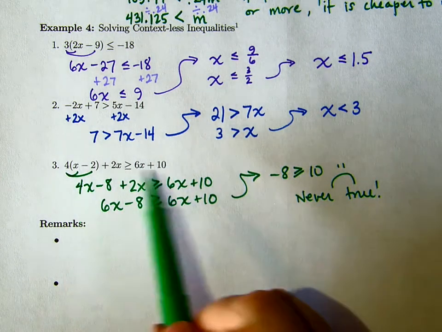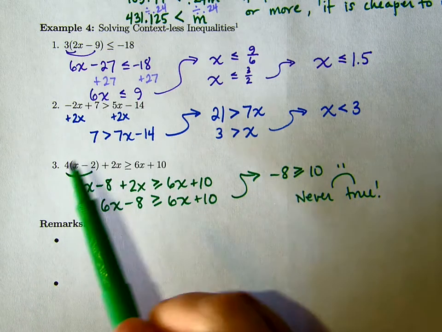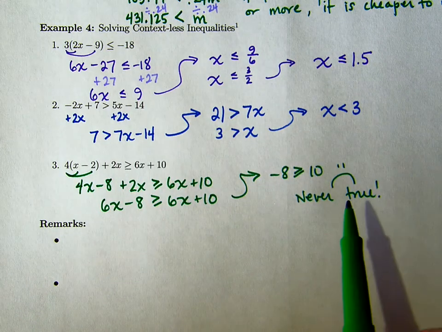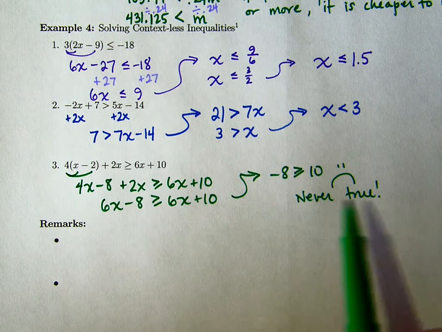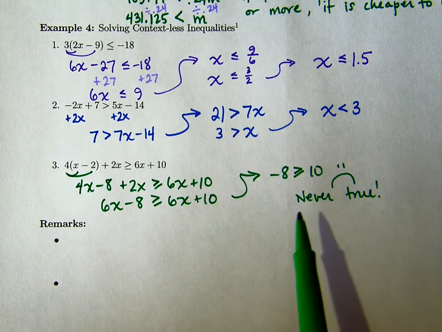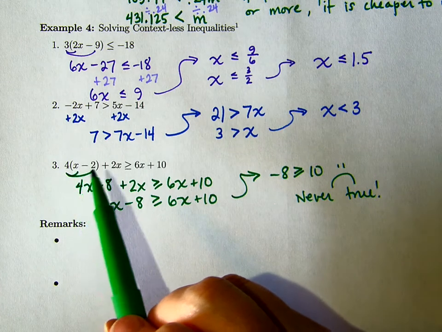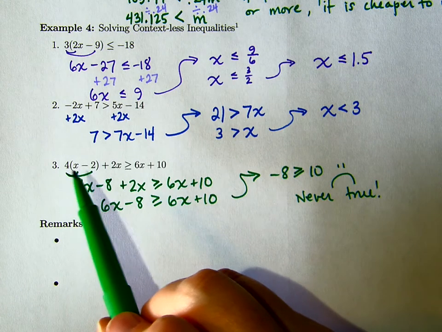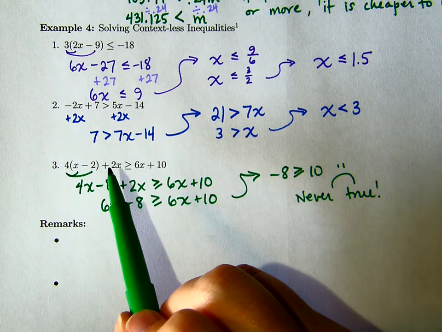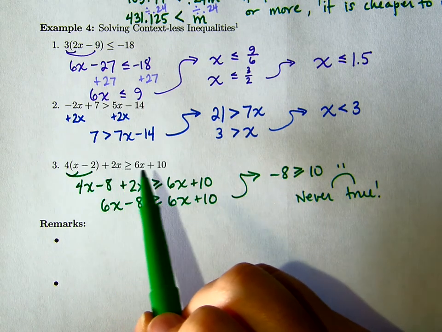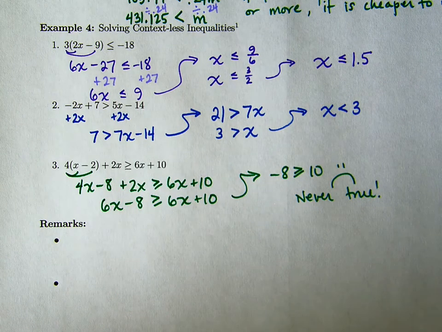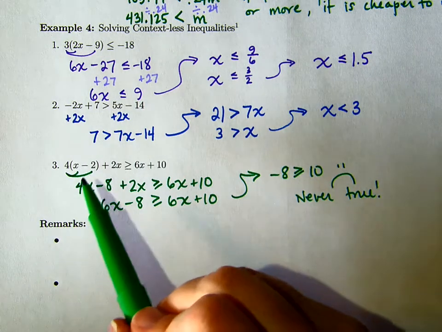So it doesn't matter what x value you put into this inequality, it will never be true for any values of x. For instance, if we put in 0, well, this would be negative 2. 4 times negative 2 is negative 8 plus nothing. Negative 8 greater than or equal to 10. Nope. And what if we put in 2 for x?